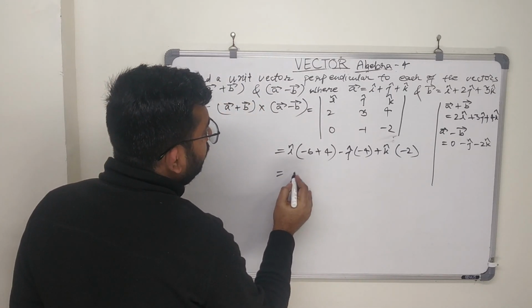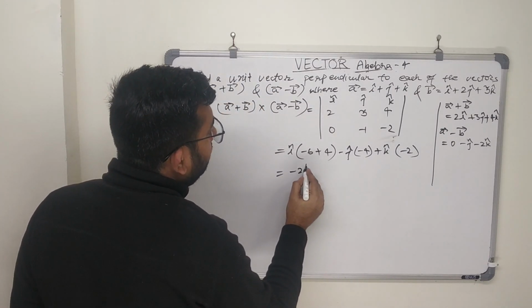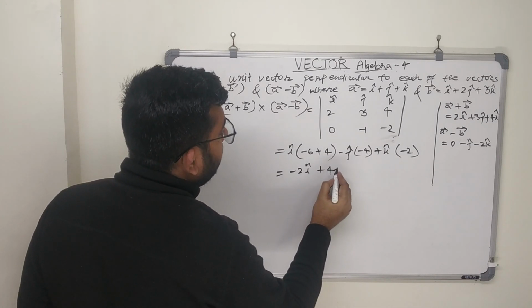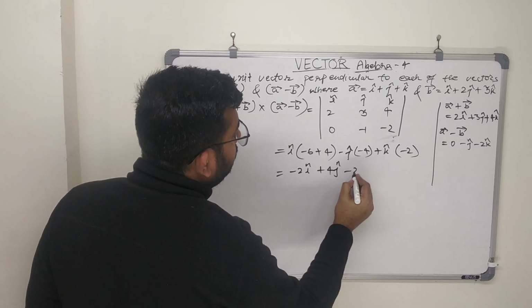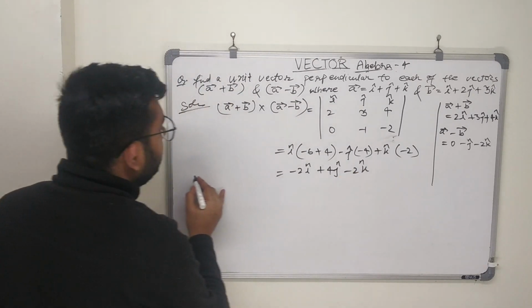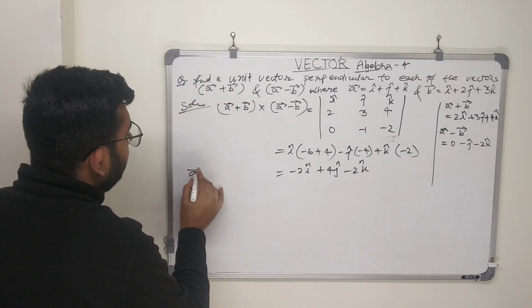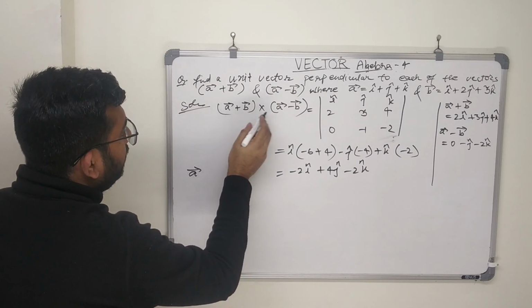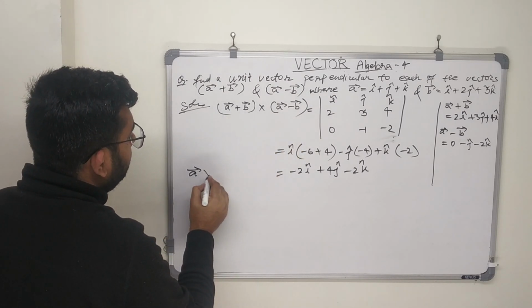So this will be equal to minus 2 i cap, plus 4 j cap, minus 2 k cap. So this is equal to the vector (a vector plus b vector) cross (a vector minus b vector).